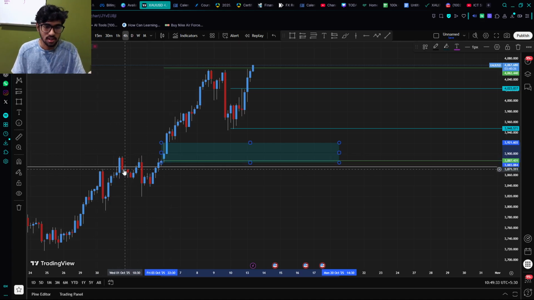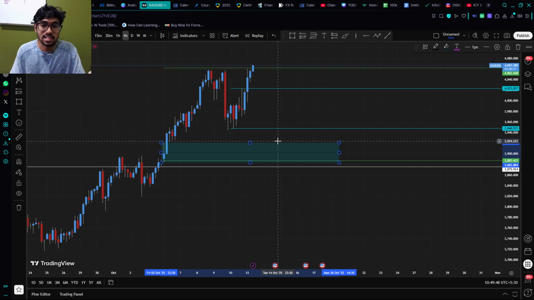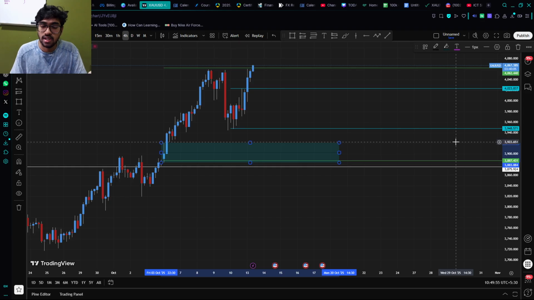Three times price has tried to break this, but it couldn't. And once it eventually did, we can see that price has acted around this region. So this is a good region, 3920.